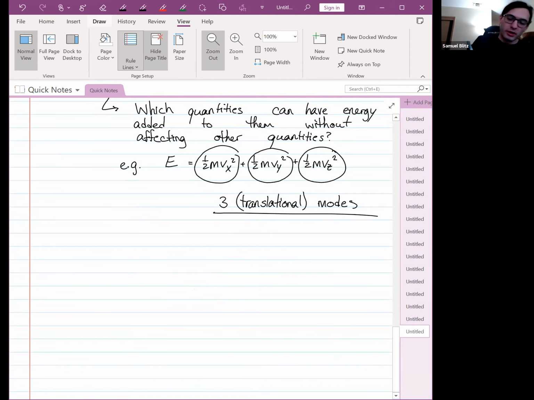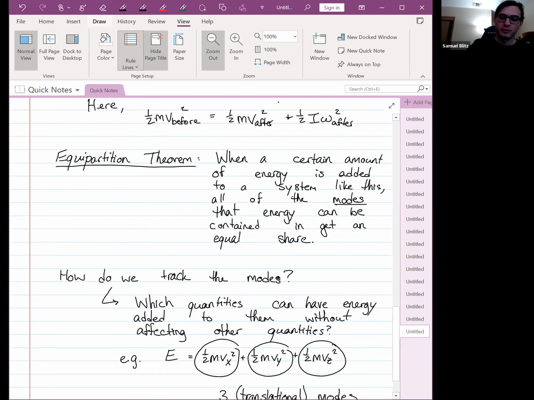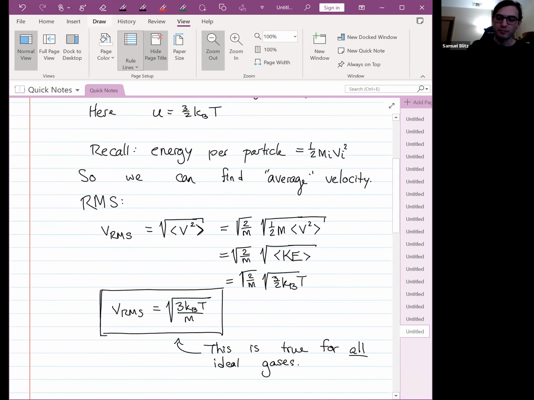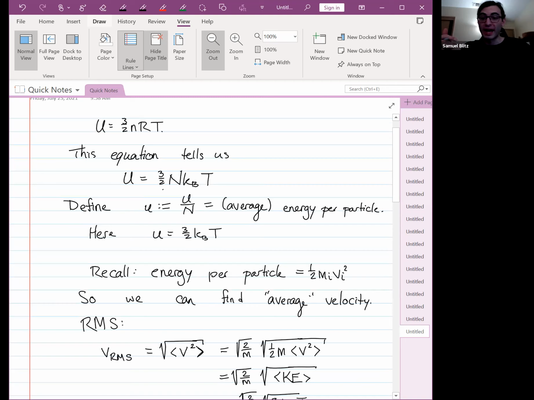And so in the case above, we can actually see this explicitly. How many modes does a monoatomic particle have? It has 3. And how much energy does that monoatomic particle have on average? Well, it has 3/2 times kb times t.